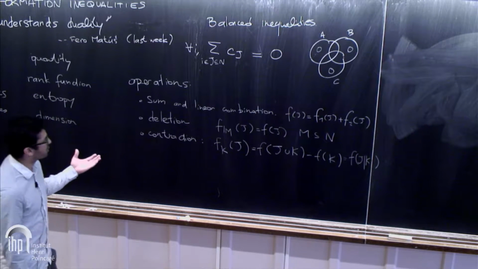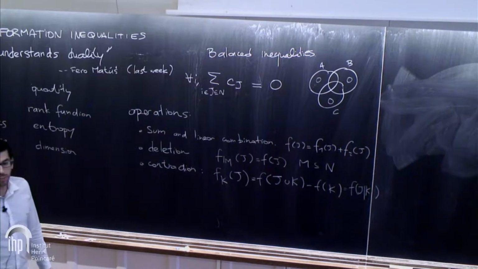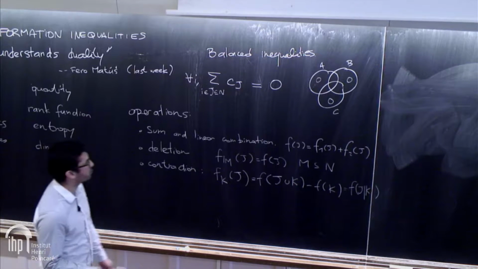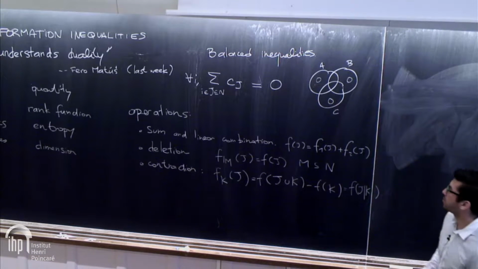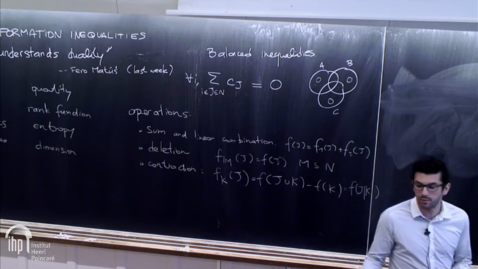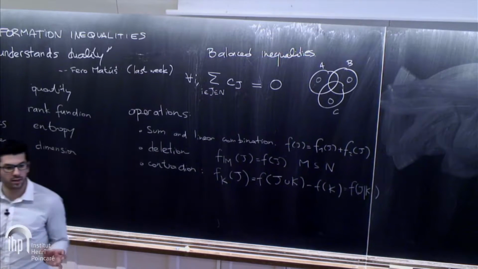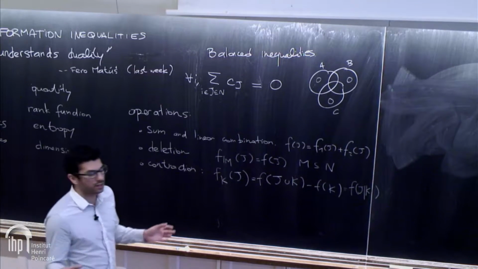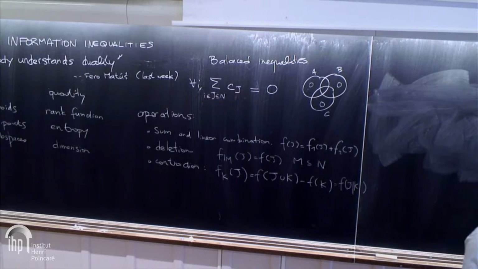What I like about these operations is that they have a counterpart for entropic points and for vector subspaces. For instance, for the sum, you just take independent copies. If you have two sets of random variables, so two entropic vectors, you can take the sum of these two vectors.